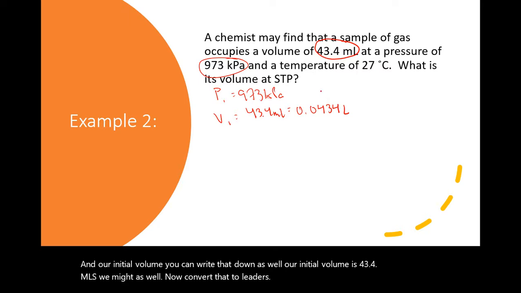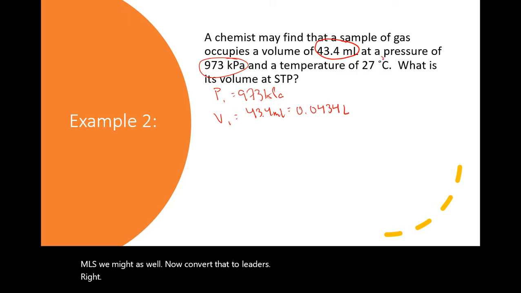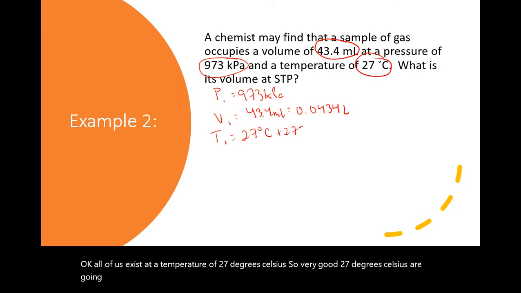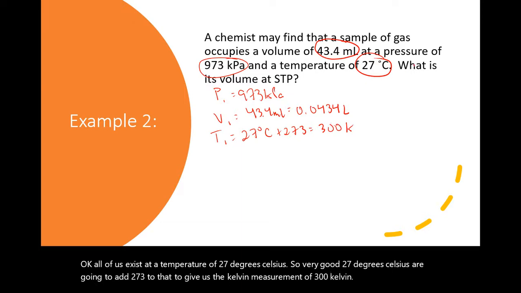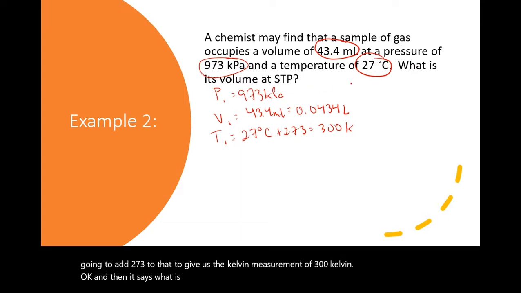Right. Okay, all of this exists at a temperature of 27 degrees Celsius. So very good. 27 degrees Celsius, we're going to add 273 to that to give us the Kelvin measurement of 300 Kelvin. Okay, and then it says, what is its volume? Okay, so we don't know the volume. What is its volume at STP?